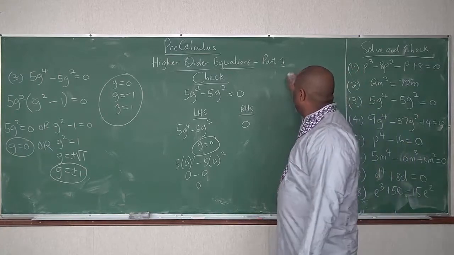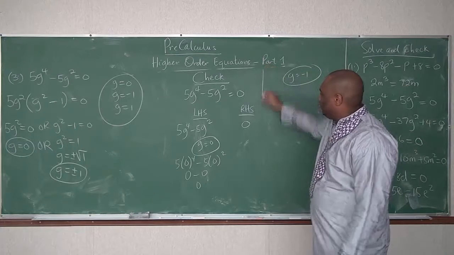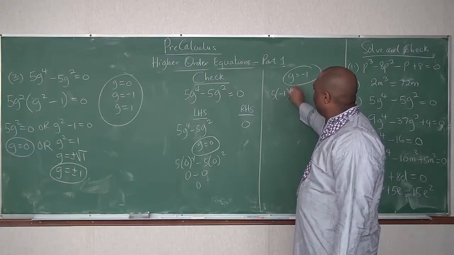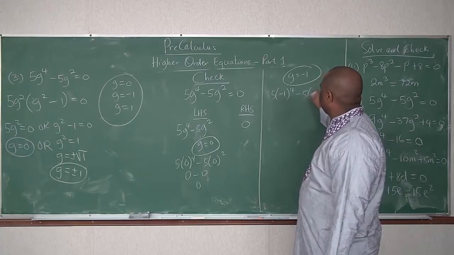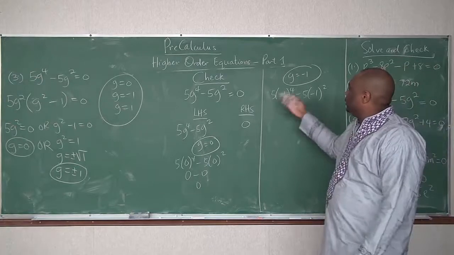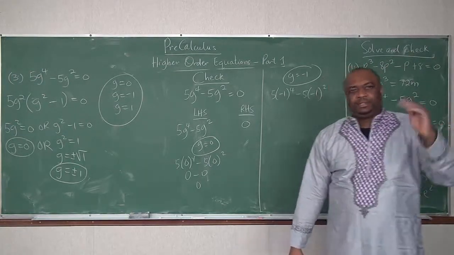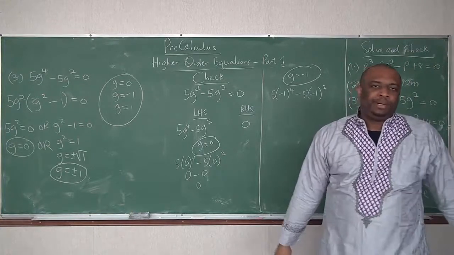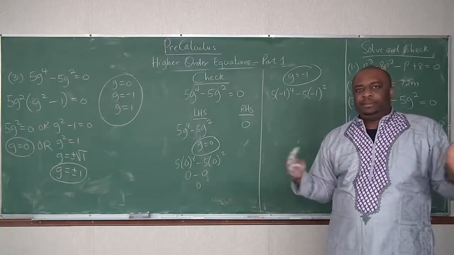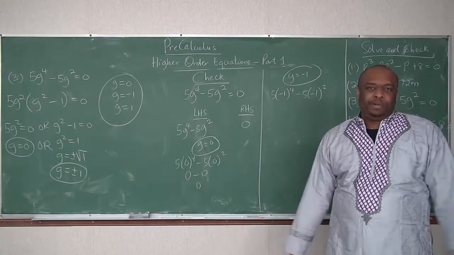Then let's check for g equal to negative 1. We have that this is 5 times (negative 1)^4 minus 5 times (negative 1) squared. When we did the exponents, it's good you view the videos on exponents. When you have a negative base raised to an even exponent, it's always going to give you a positive result.